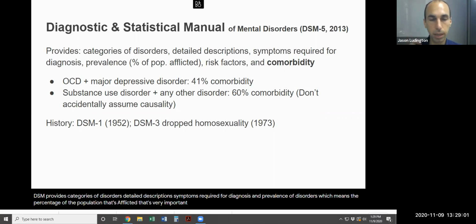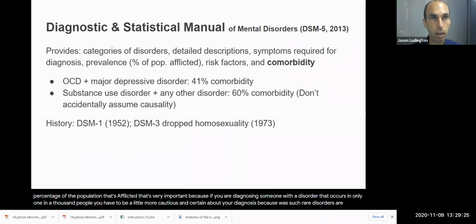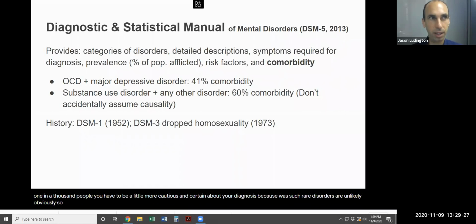That's very important because if you are diagnosing someone with a disorder that occurs in only 1 in 1,000 people, you have to be a little more cautious and certain about your diagnosis because such rare disorders are unlikely, obviously. So the prevalence helps in the diagnosis.